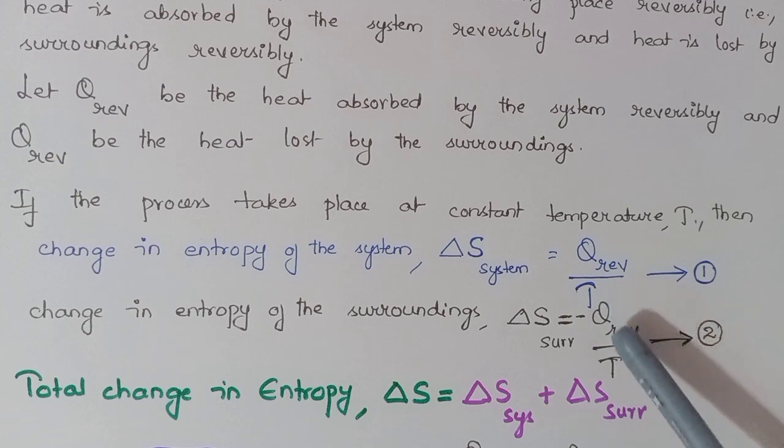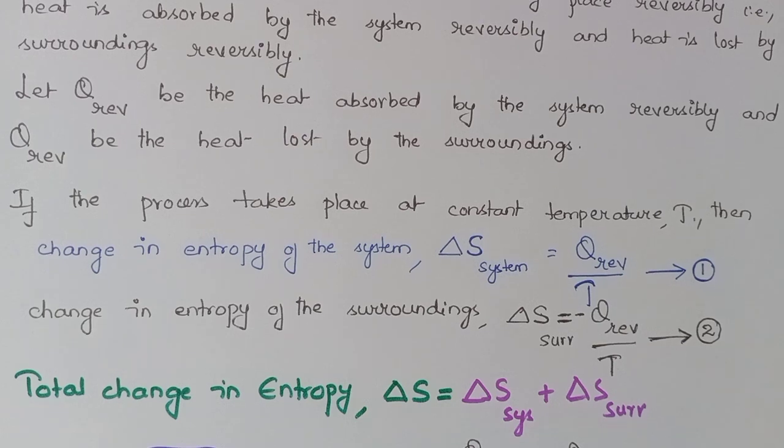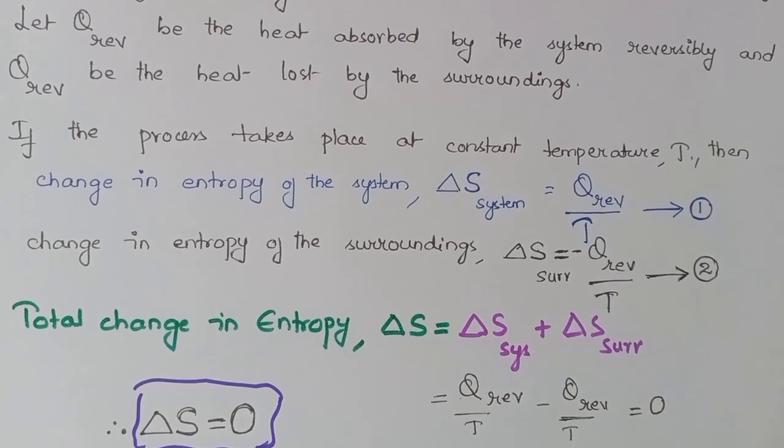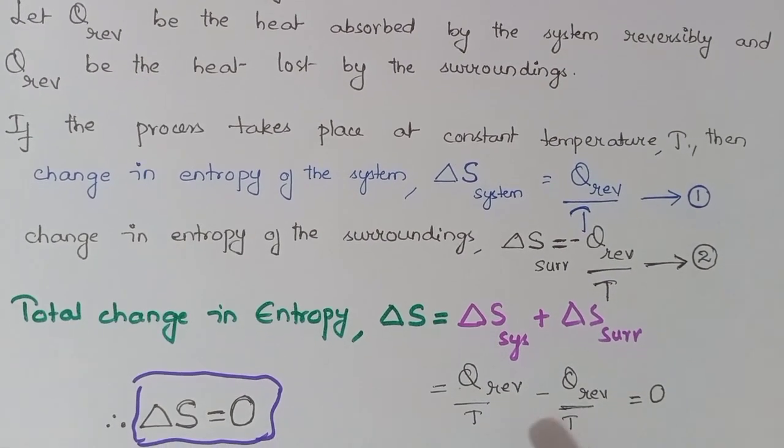So, delta S system, you substitute Q reversible by T, plus delta S surroundings, which is minus Q reversible by T. So it becomes Q reversible by T minus Q reversible by T. Plus into minus is minus, so both get cancelled, equal to 0. So, finally, delta S is equal to 0 in a reversible process.